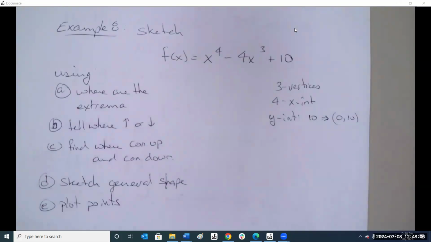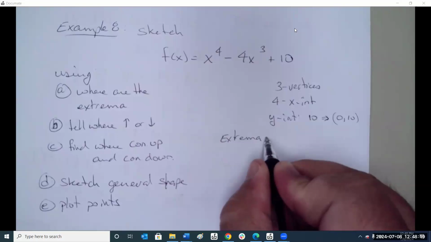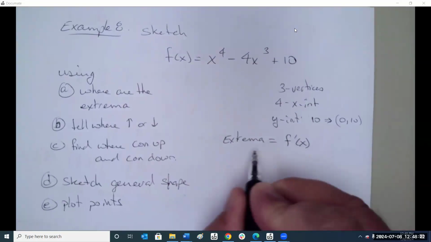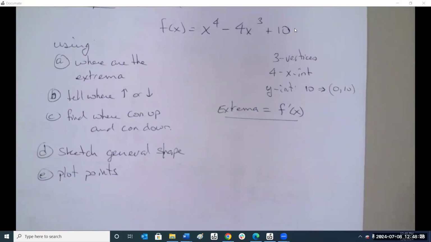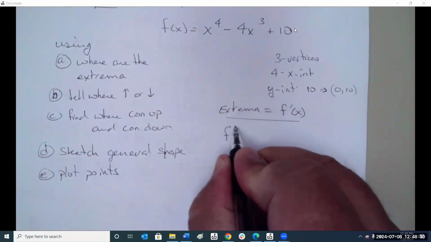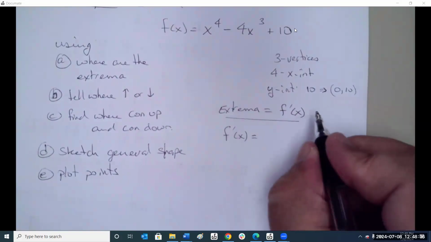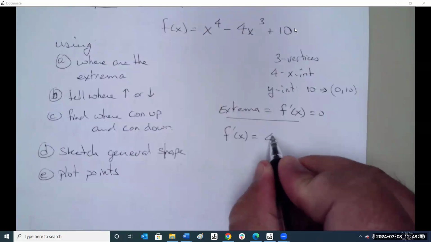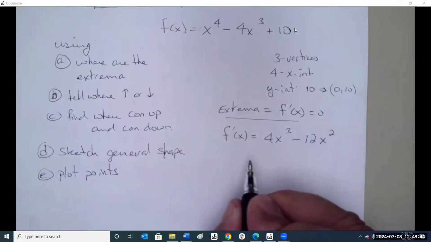So where are the extrema? How do we find extrema? It's the first derivative. Whenever you see the word extrema, max or min, it's the first derivative. So we have to find the first derivative of this function. We have 4x cubed minus 12x squared.